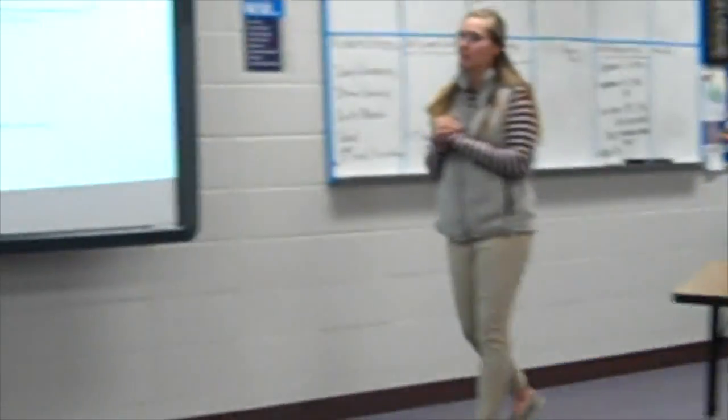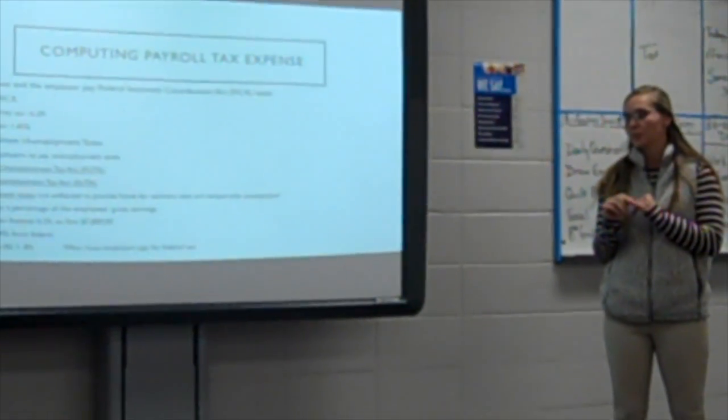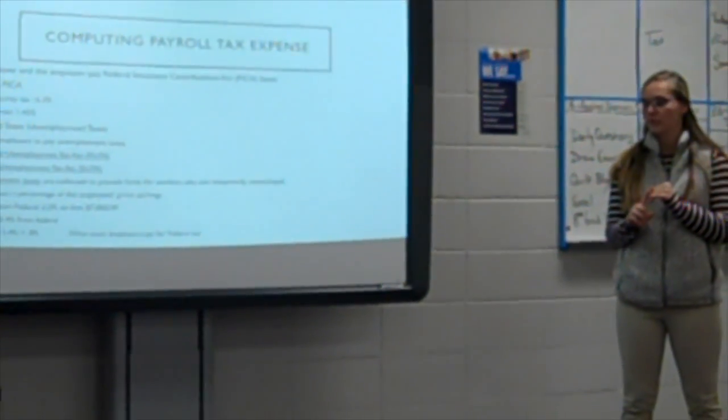So the maximum withholdings is going to be the 6.2% on the first 7,000.